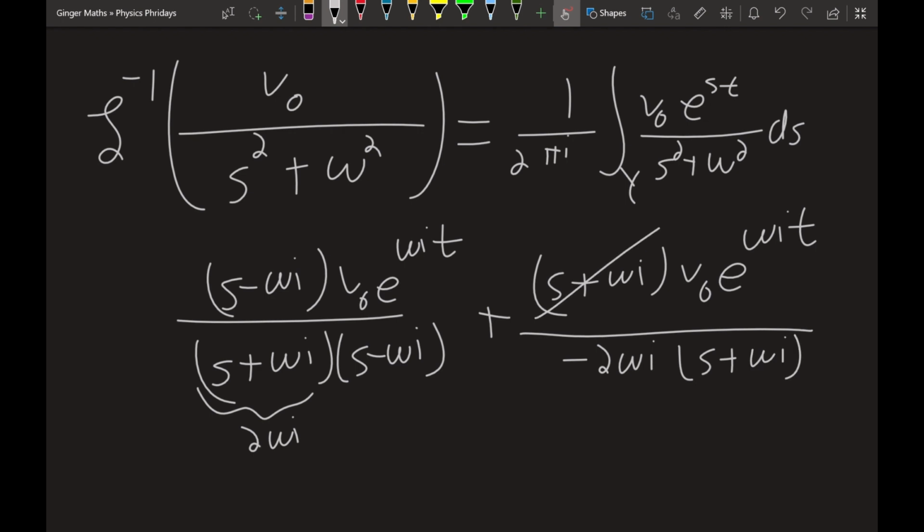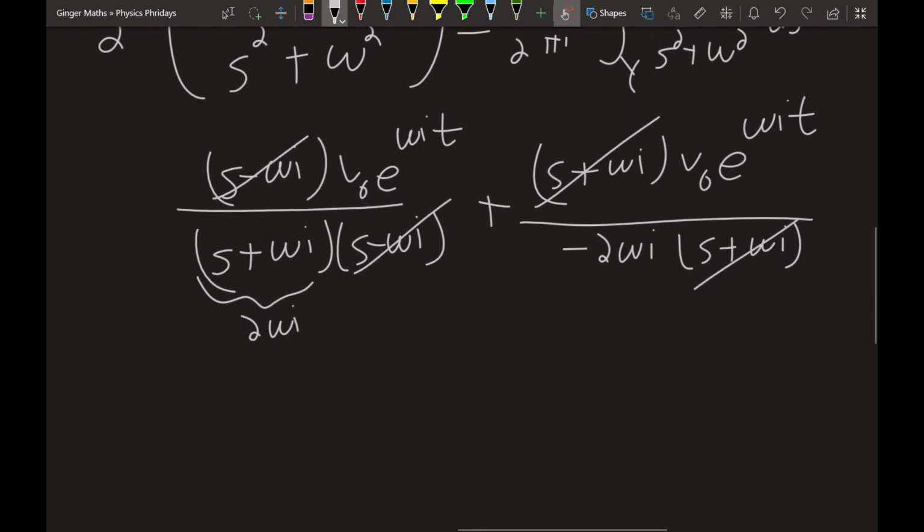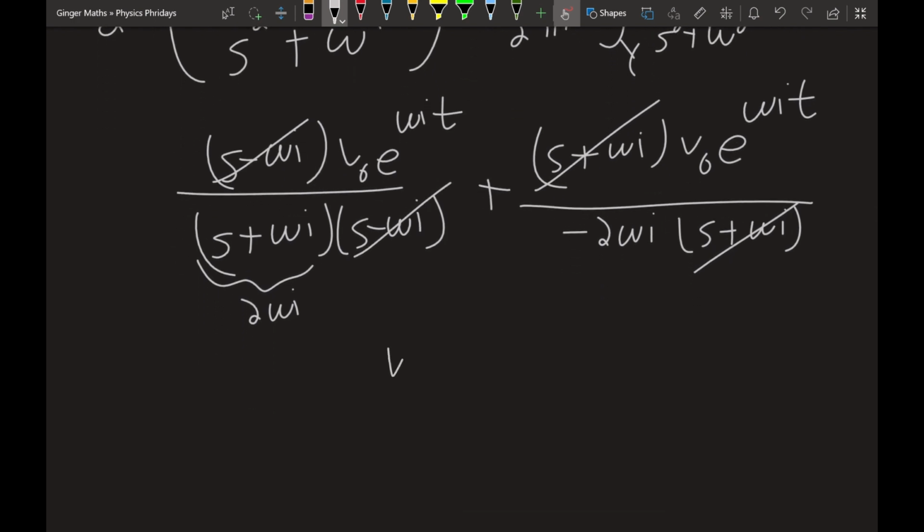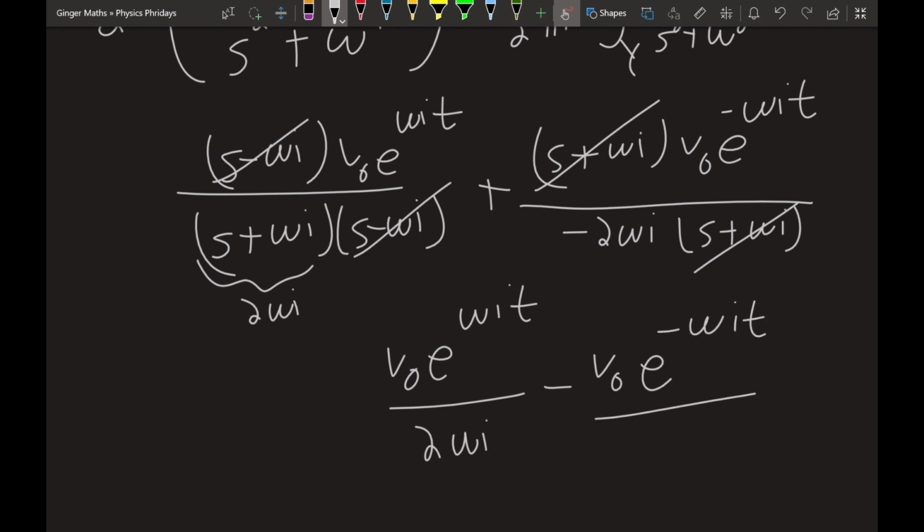And again, these are just going to cancel. Meaning we are left with v naught e to the omega i t over 2 omega i, minus this time v naught e to the, I'm sorry, there should be a minus there, minus omega i t divided by 2 omega i.